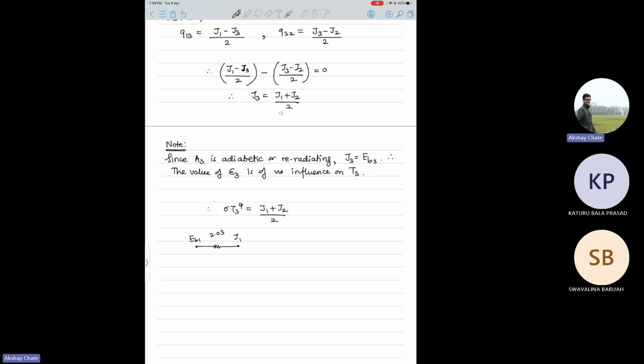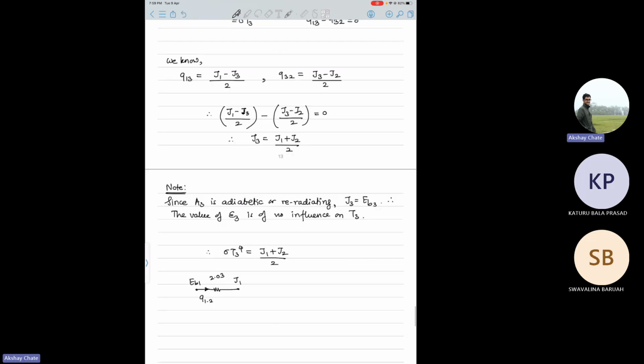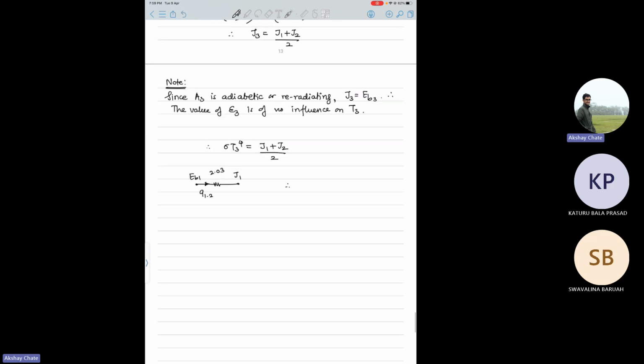We also know Q1 to 2, we just calculated it in the previous section of the problem. So Q1 to 2 is nothing but (EB1 minus J1) by 0.23, which is the resistance.